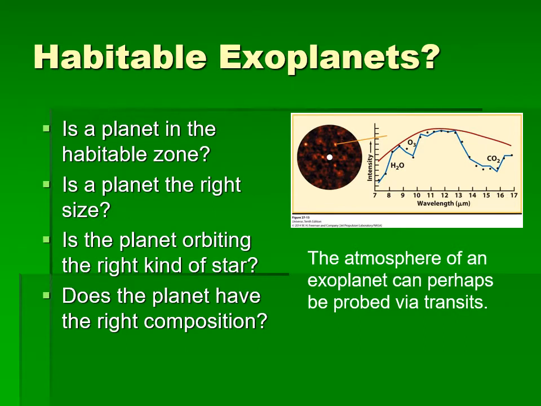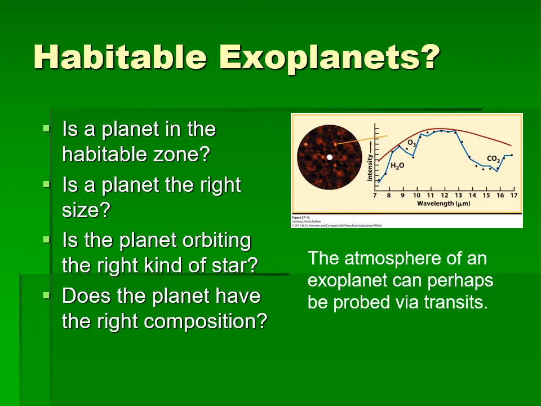It has to be the right size. If it's too small or too big, it's not going to have the proper conditions for life. You've got to be orbiting the right kind of star. If the star is too small or too big, it's not going to work. If the star is too close or too far from the center of the galaxy, conditions aren't going to be all that good either. And then the planet has to be the right composition.